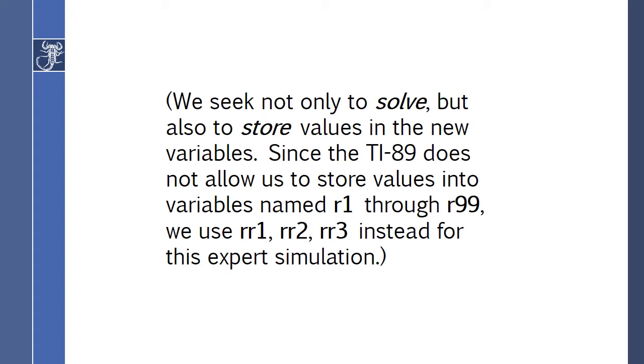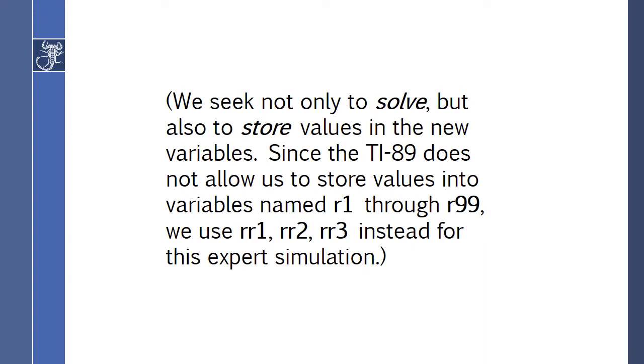So now that you have seen that the expert mode gave us the values for RR1, RR2, and RR3 stored in those variables, I can explain to you why I used those instead of using R1, R2, and R3, which is my usual custom.